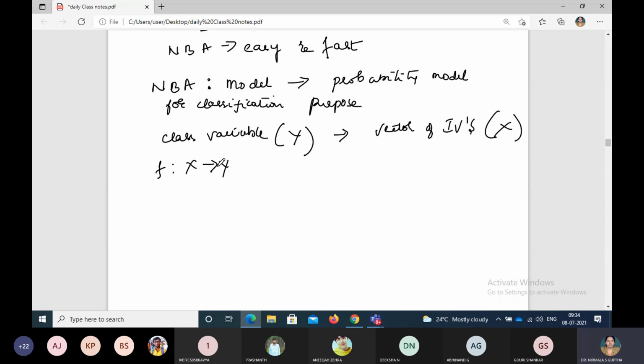In probability terms, the goal is to find the probability of y given x. What does it mean?